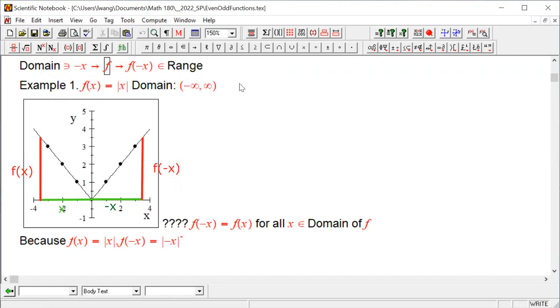The absolute value of negative x is the absolute value of x, they're always the same.